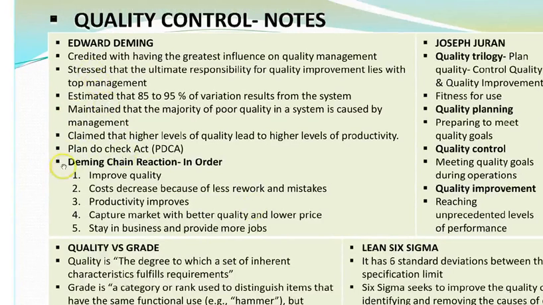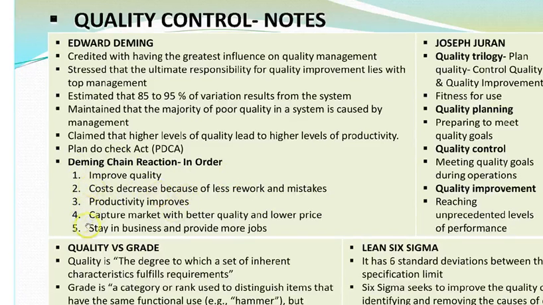Then the next one is the Deming chain reaction, which is a chain reaction quality control method where you improve the quality, and if you improve the quality, the cost decreases because of less rework and mistakes. Then productivity obviously improves.